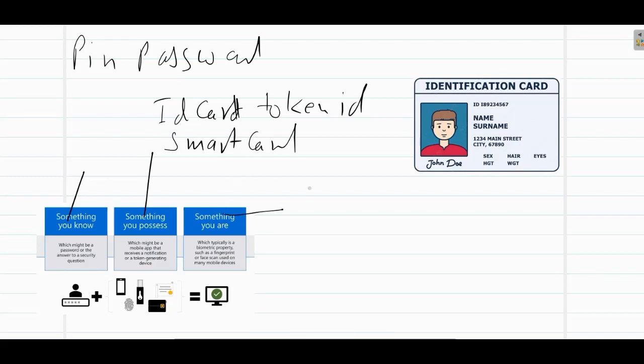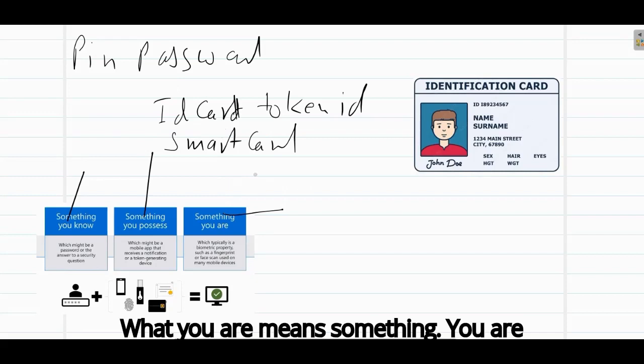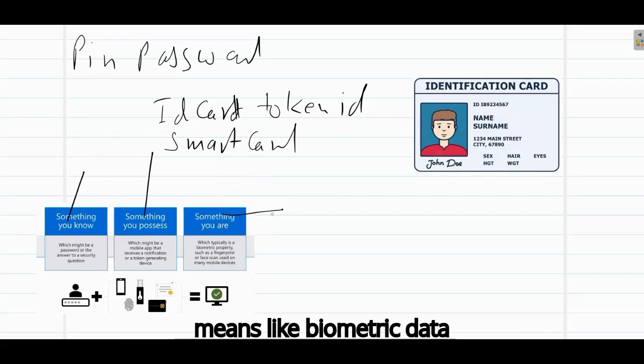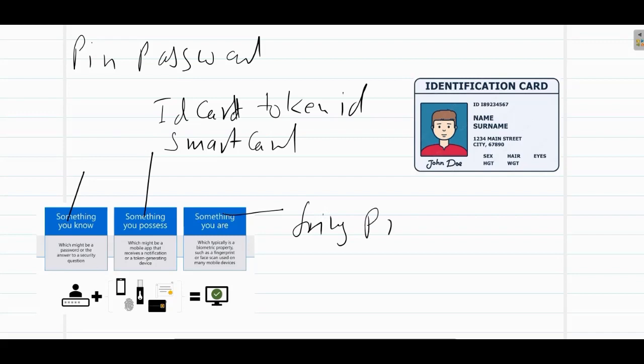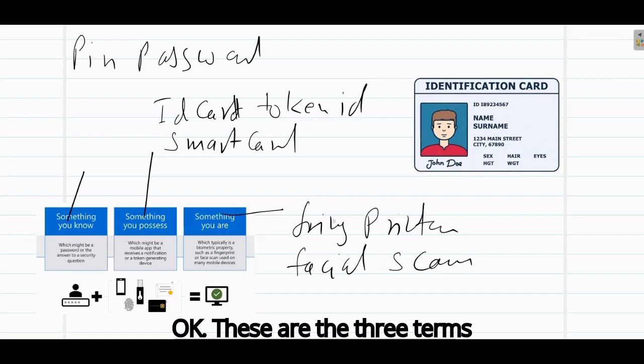Third is what you are, something you are, like biometric data such as a fingerprint or facial scan. These are the three terms by which the identification process identifies who you are: what you know and what you possess.